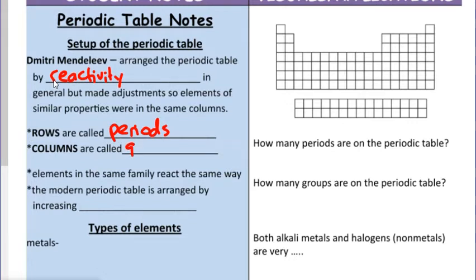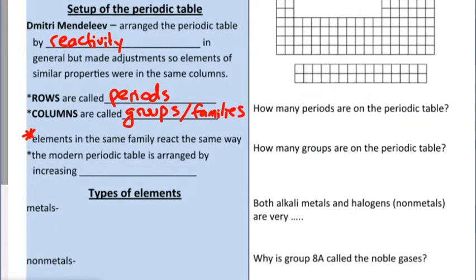And then the columns, because they were grouped together by property, are oftentimes called groups, or sometimes you'll hear them referred to as families, like a family of a certain category of elements all behave one particular way. And that is really important to remember, that the placement of the elements in the periodic table is intentional. So if you have elements that exist within one group, they're all going to chemically react similarly, just have maybe a different time that it would take for the reaction, or a different amount of energy that's associated with that reaction.